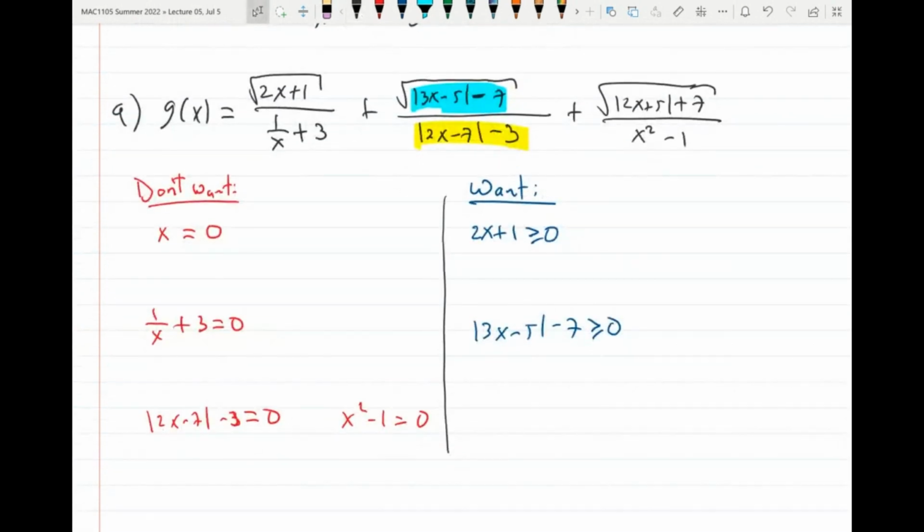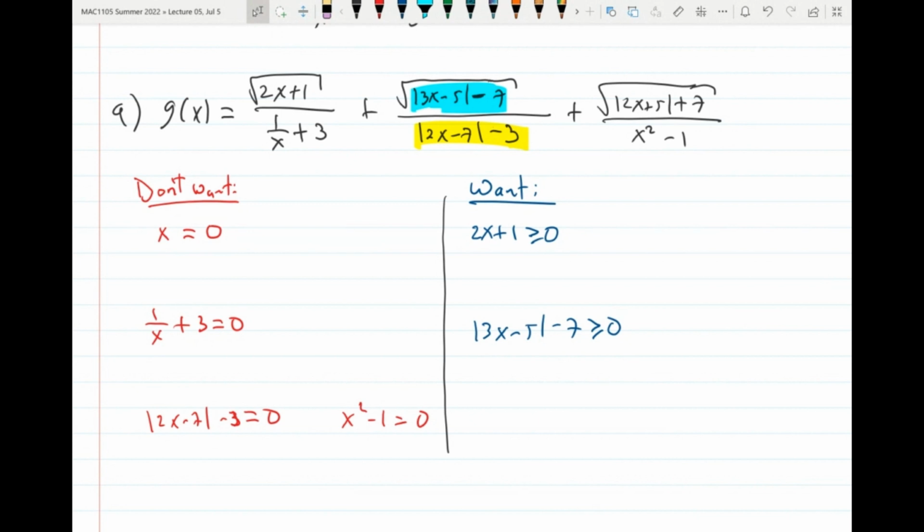And then, is there anything that we would like to enforce? According to the third expression, is there anything that we definitely want to happen? I mean, this is automatic. You see square root. What do you need to ensure? When you see a square root, what do you need to ensure?